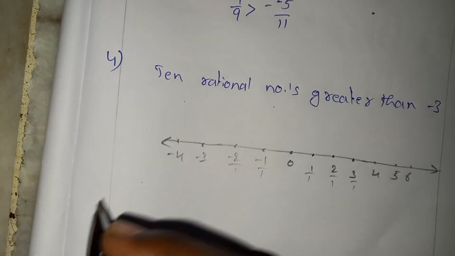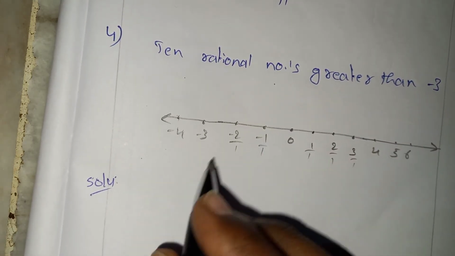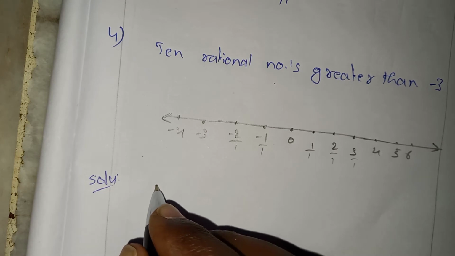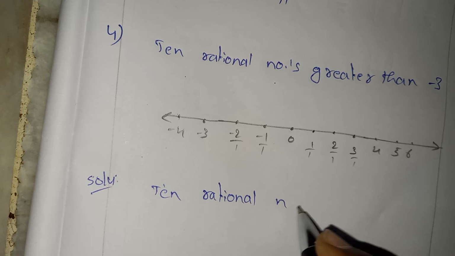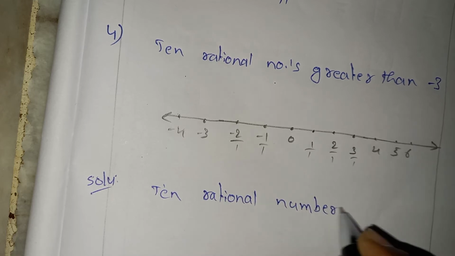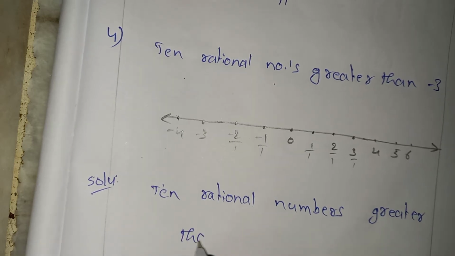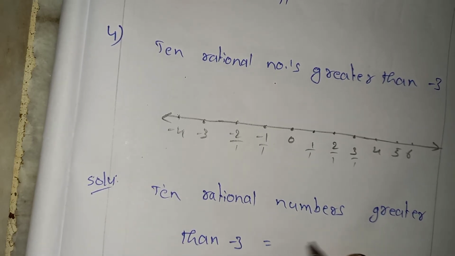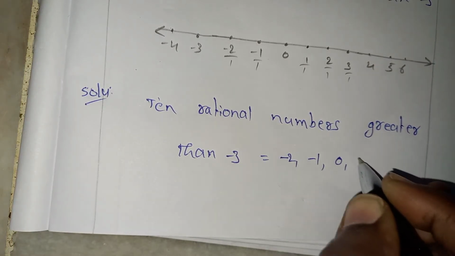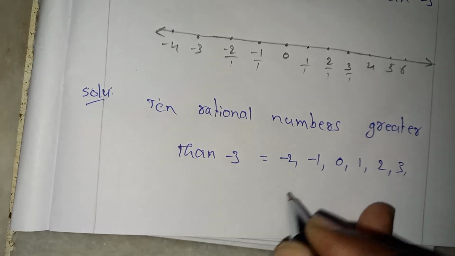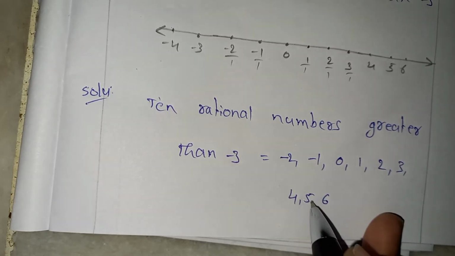You can write the solution directly for these questions. They're asking for 10 rational numbers, right? So, 10 rational numbers greater than minus 3 are minus 2, minus 1, 0, 1, 2, 3, 4, 5, 6, 7, 8, 9.